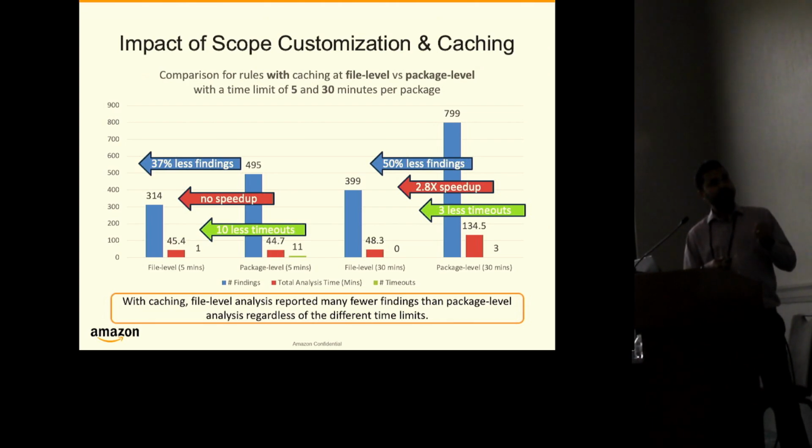So here, the takeaway is that with caching, the file level analysis reported many fewer findings than package level analysis regardless of the different time limits, which means that for these vulnerability errors, command injection, log injection, we want to do more package level analysis.